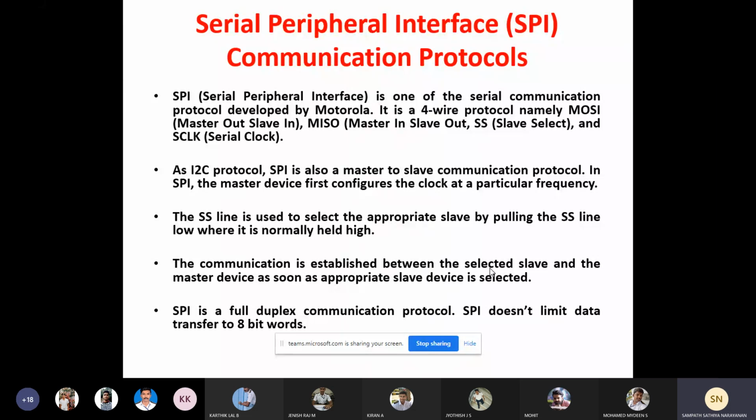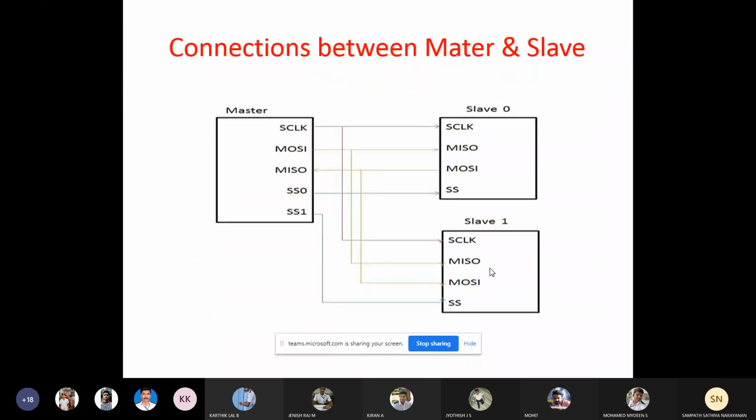Serial peripheral interface can support full duplex communication, and it doesn't limit the data transfer to just 8-bit words. Continuously it can transmit. How a master is able to communicate to the slave devices can be seen like this. So you have a master communicating to 2 slave devices, and how it is going to select is based on the slave select lines.